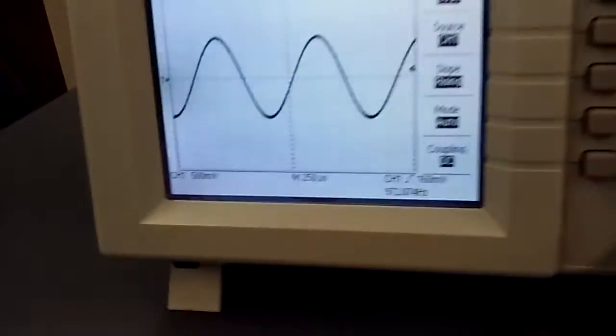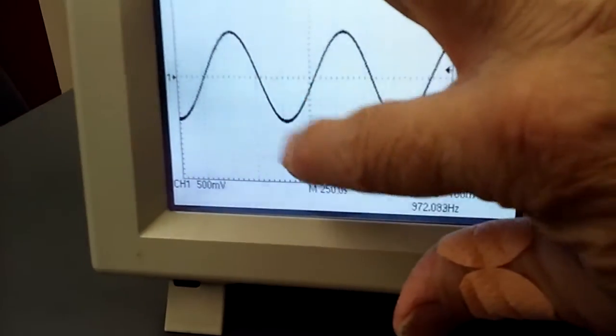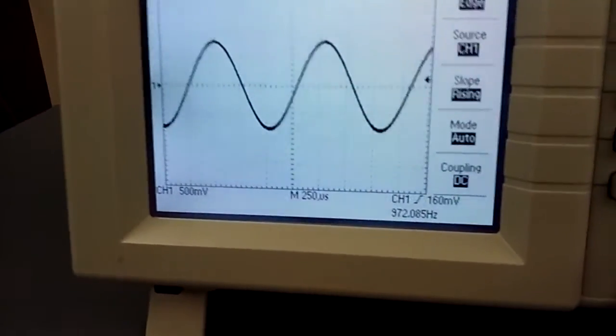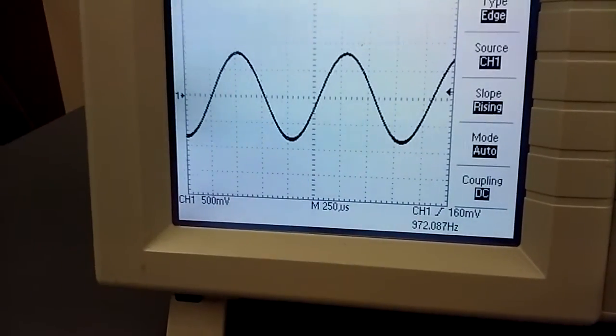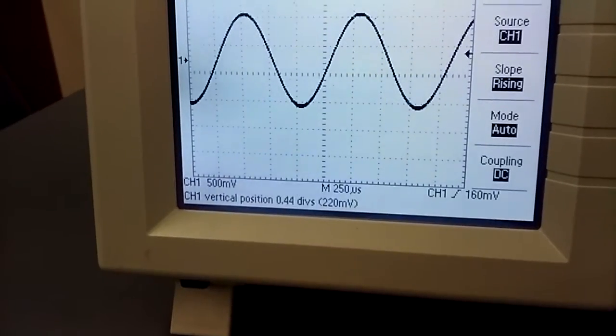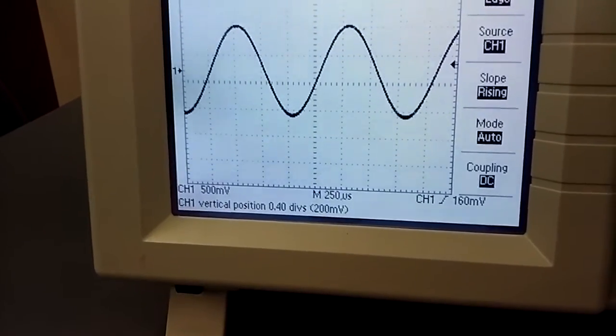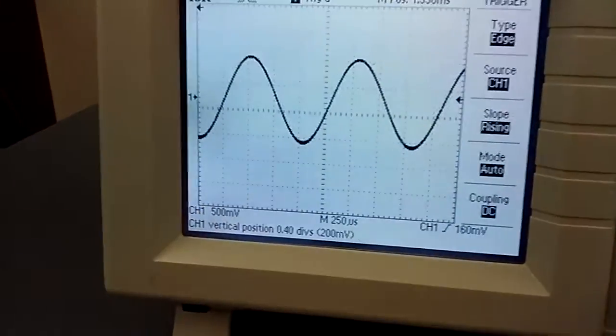And I can make measurements, okay? I could measure, for example, the height of the sine wave. Right now it looks like about 3 centimeters tall, a little bit more than that. And each one represents 500 millivolts, so I could figure out what my peak-to-peak voltage is, okay?